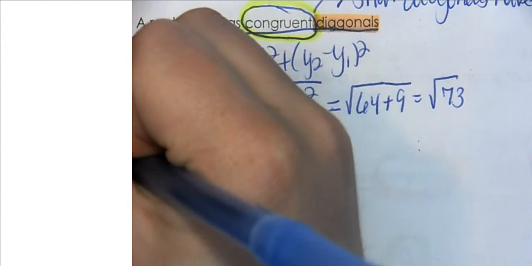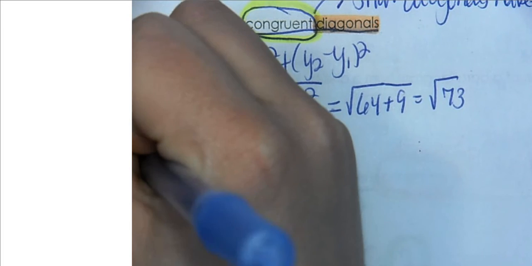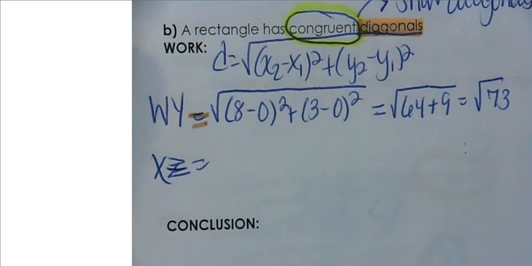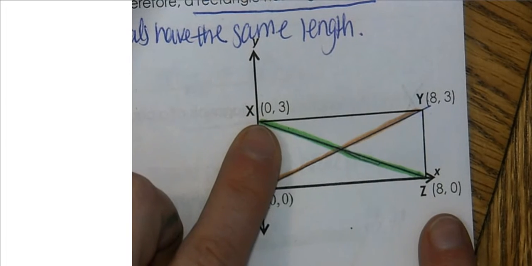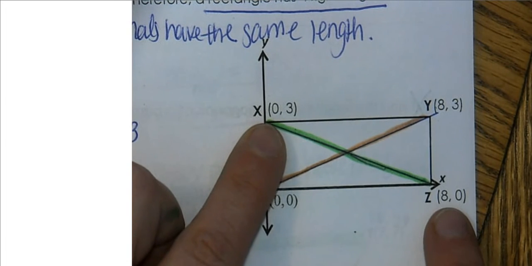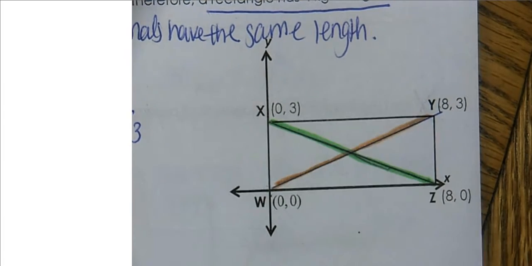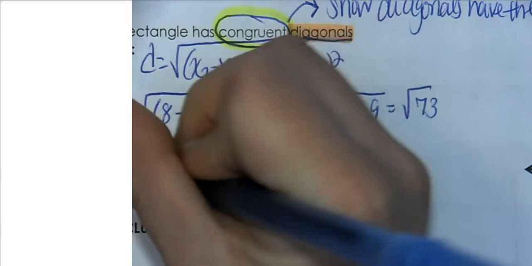Next, we're going to go ahead and look at the length of XZ. XZ is the green segment, so that's the one that I had labeled in green, and I'm going to be using these ordered pairs of (0, 3) and (8, 0) to help me find the distance. So if you want to label, you're welcome to label. If you don't want to, that's fine too. It might be helpful for you to do so.